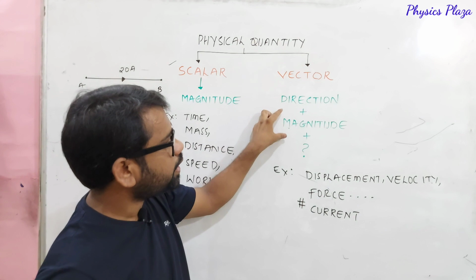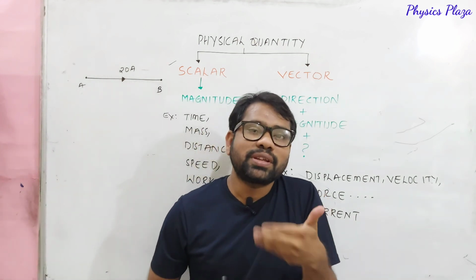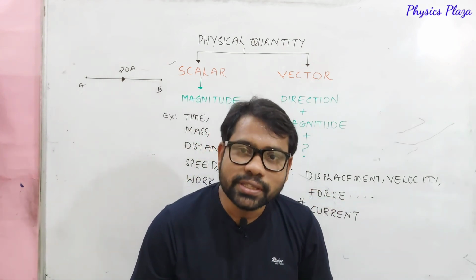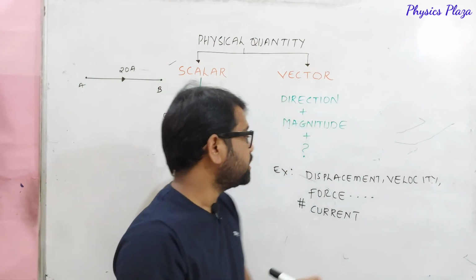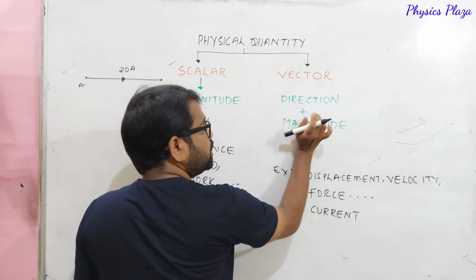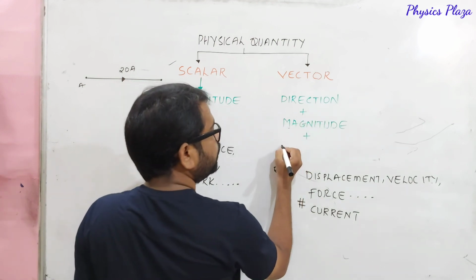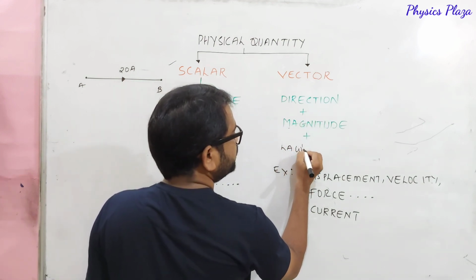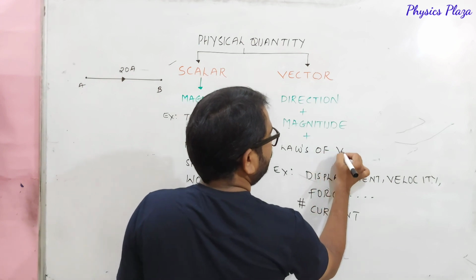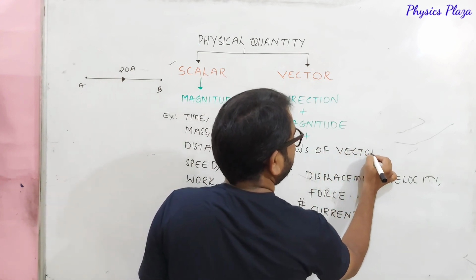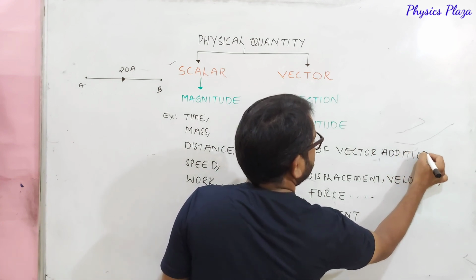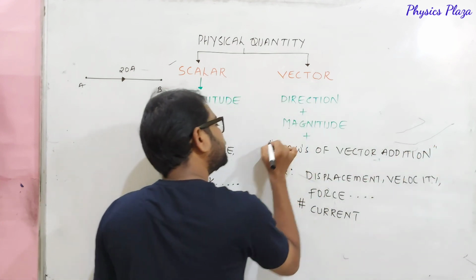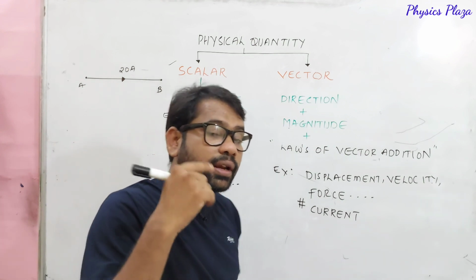Along with direction and magnitude, some other information is needed in order to decide whether a quantity is a vector quantity or scalar quantity. So what is that? It also should obey the laws of vector addition. Very important. Laws of vector addition. Regarding the laws of vector addition, in higher classes we will be learning in detail.